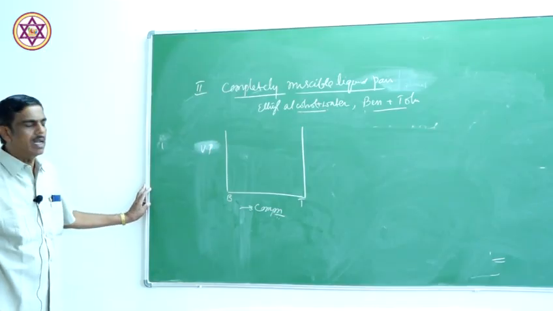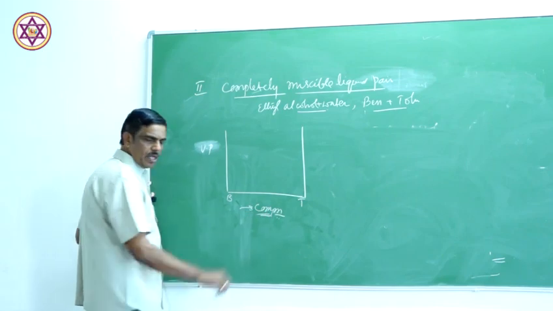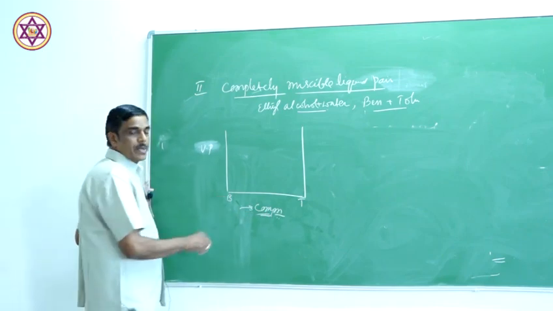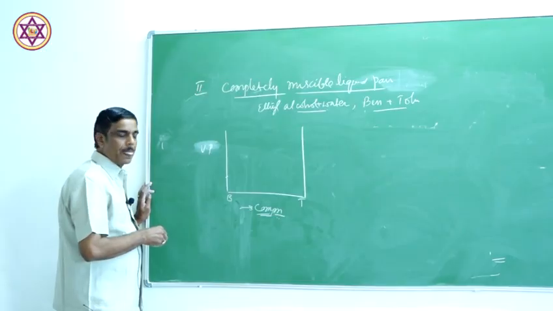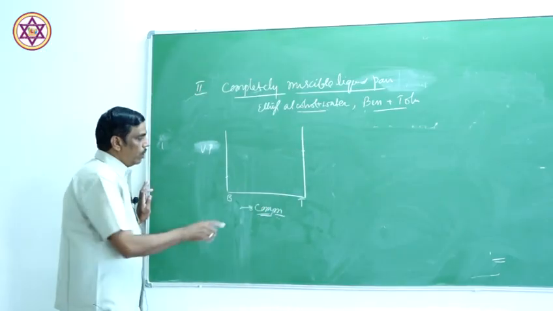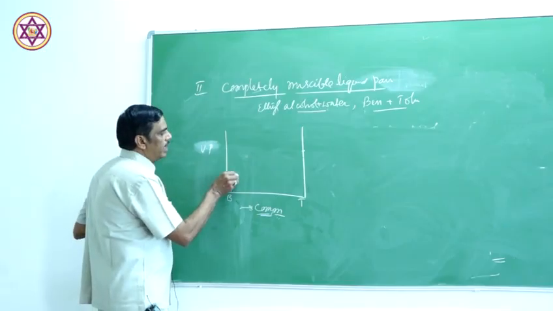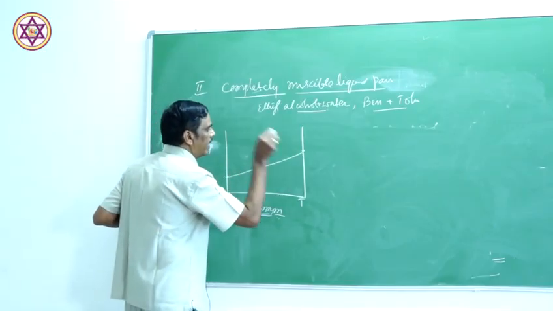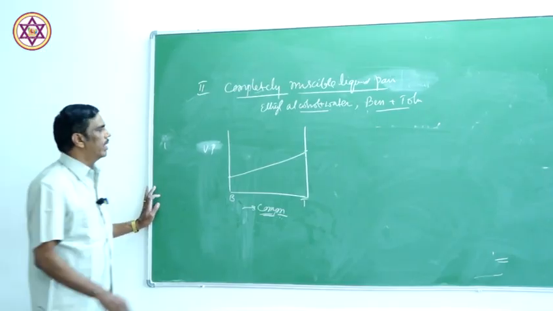Toluene has a higher vapor pressure. So if you go on changing the composition, 100% benzene has this vapor pressure and 100% toluene has this vapor pressure. When you go on increasing the composition, vapor pressure goes on increasing and you will get a straight line. This is ideality, ideal behavior.